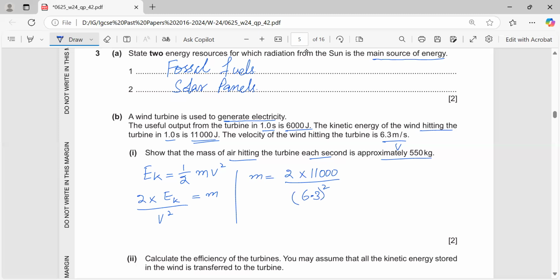So my dear friends, answer will be now 2 times 11,000 divided by 6.3, again divided by 6.3, equal to 554. So what is the answer? Answer comes to be 554. So we can round it off to 550 kilogram.